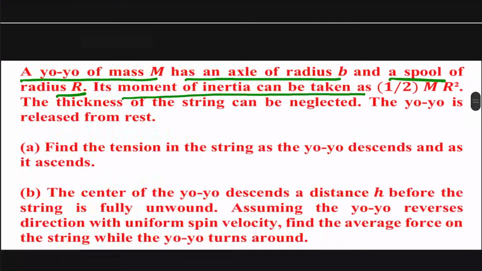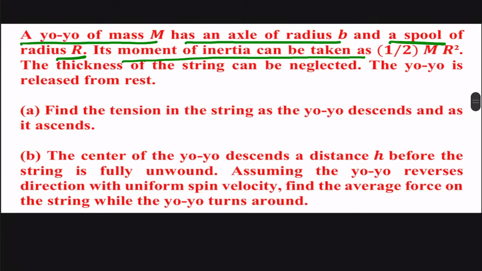Okay, now come to the next question. It states that a yo-yo of mass m has an axle of radius b and a spool of radius r. Its moment of inertia can be taken as half m r square. The thickness of the string can be neglected. The yo-yo is released from rest. There are two parts.